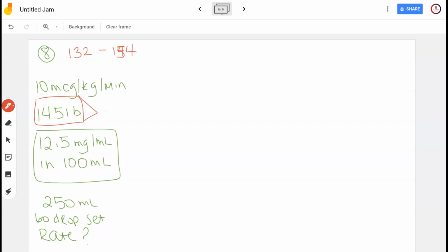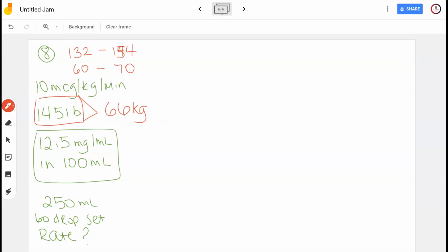So this patient is 60 kilos to 70 kilos. If you actually divide 145 by 2.2 and do the long math for it, it comes out to just about 66 kilos. So we're going to use 66 kilos.